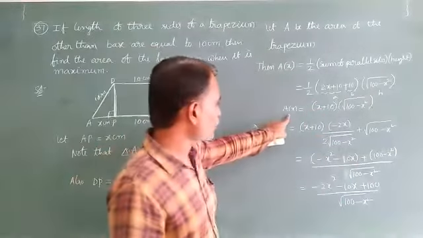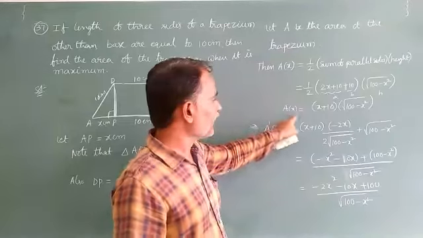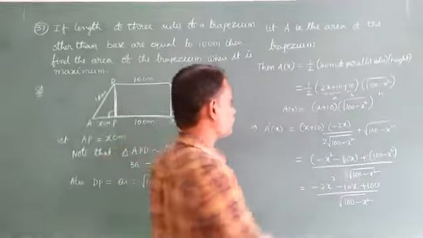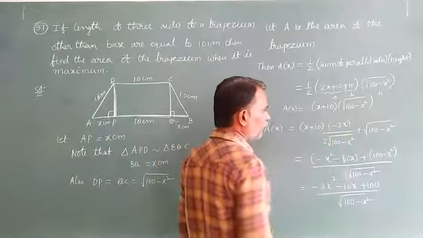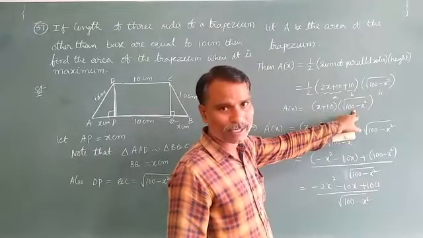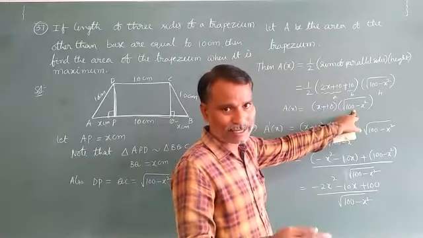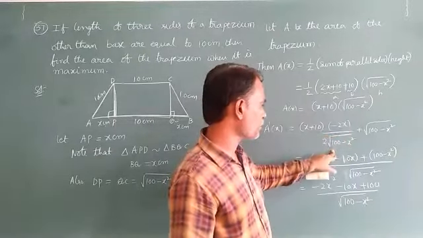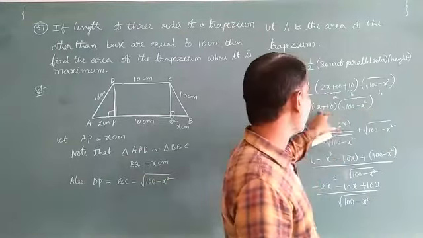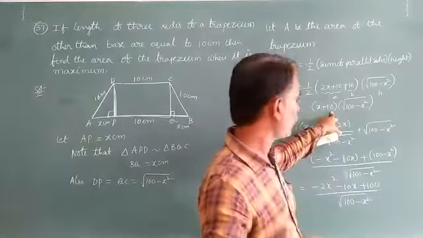Now go for the first derivative of the function, product rule: f of x into derivative of g of x plus g of x into derivative of f of x. Derivative of root of 100 minus x square is 1 by 2 root of 100 minus x square into minus 2x, and derivative of x plus 10 is 1.